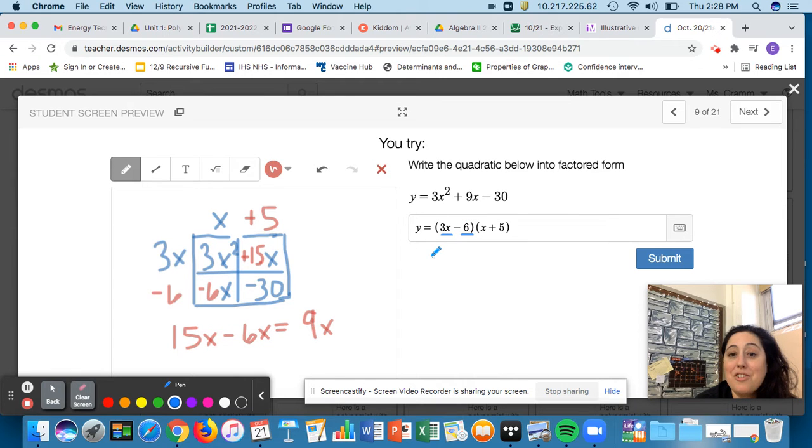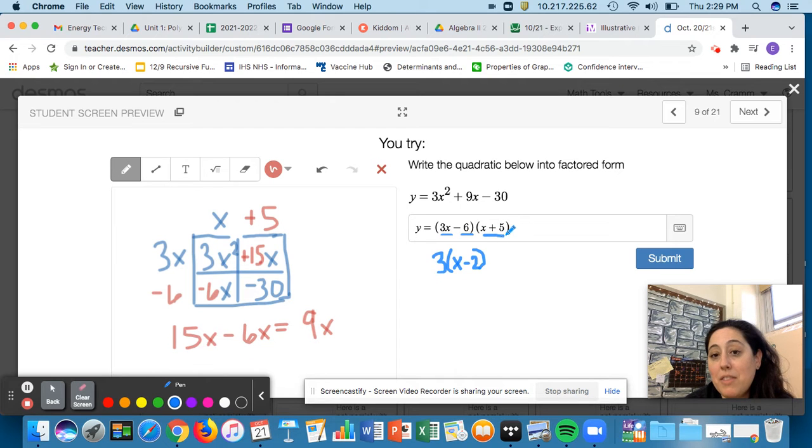So you can actually factor that greatest common factor out using multiplication to help you factor it out, right? So 3 times x gives me 3x, and 3 times a minus 2 gives me this -6, all right? So again, because there's a GCF here, I can actually pull that common factor out.